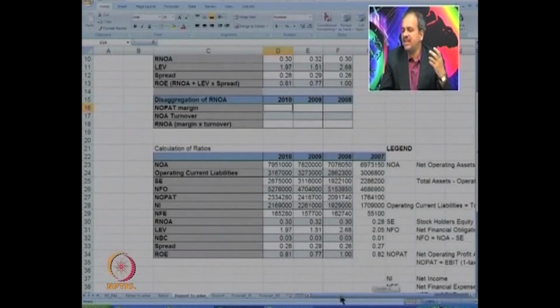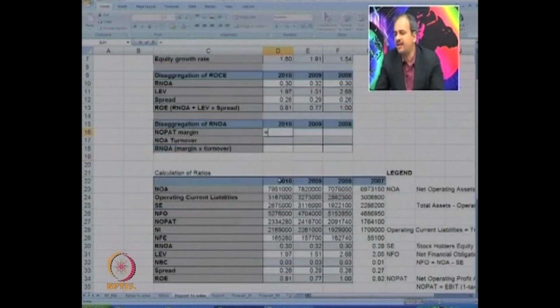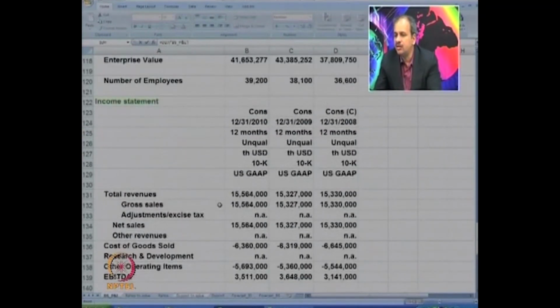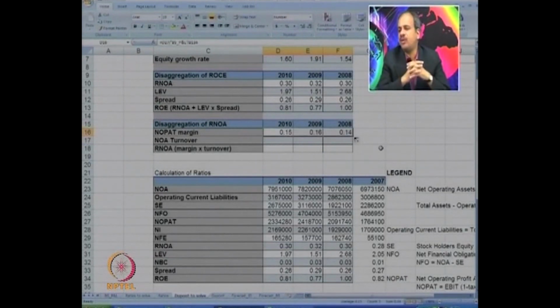We will try to relate it to the turnover, so we will get in relative terms how much NOPAT is. This NOPAT is this figure. We will divide it by the revenue earned. So, you will see that around 15% is the profit earned on the sales.